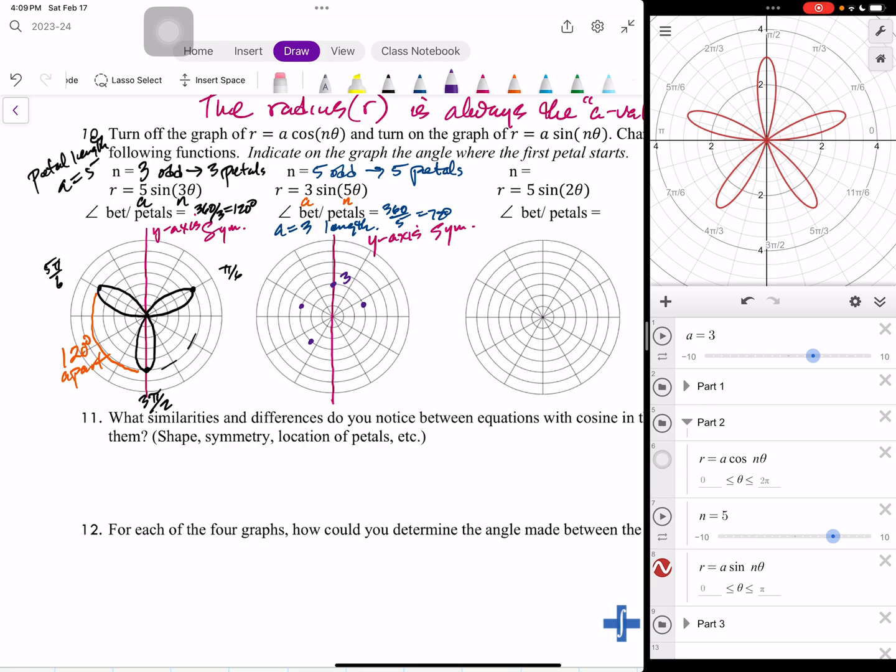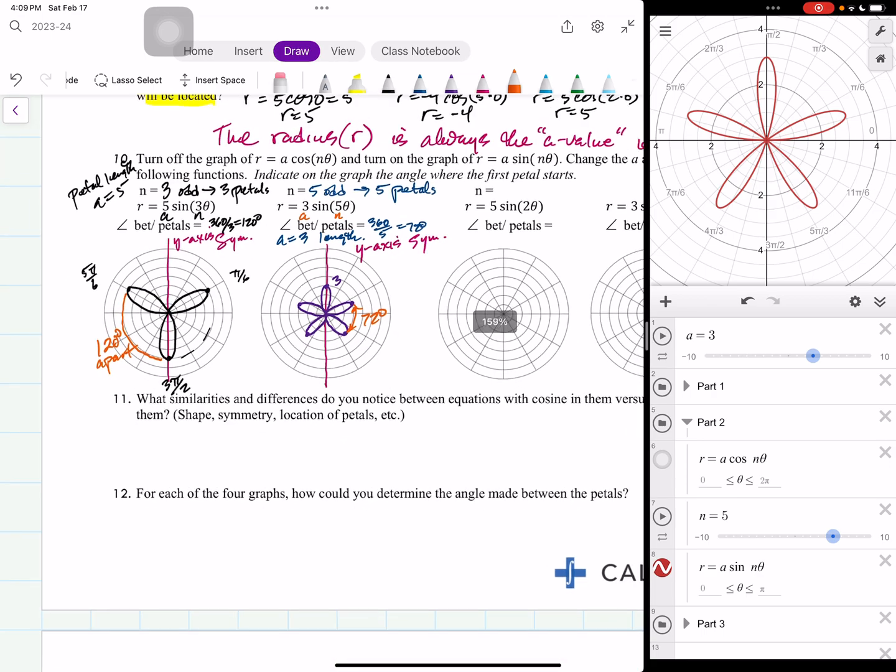I'm looking at Desmos over here off to the right, and I'm approximating the position of my petals so I can give it my best sketch. There we go. And again, the angle between petals, right here to here, is 72 degrees in this case because they're all equally spaced apart.